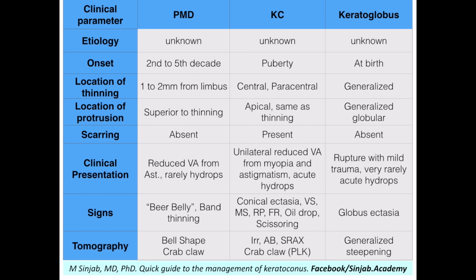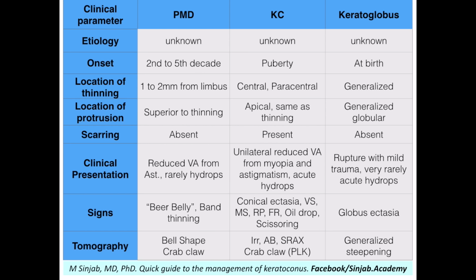Location of thinning: it is 1 to 2 millimeters from the limbus in pellucid marginal degeneration, central or paracentral in keratoconus, and generalized in keratoglobus.